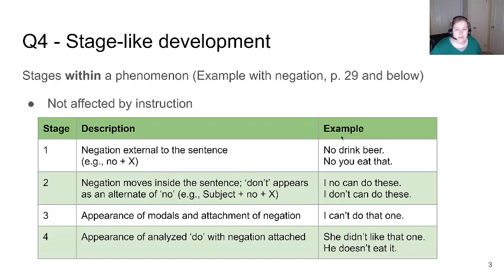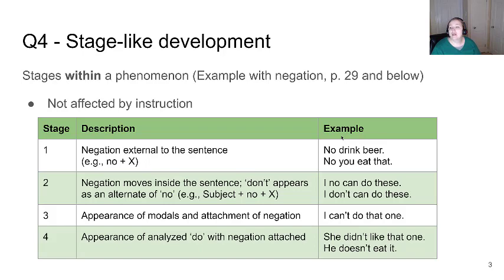But the idea would be that these stages would go in this order, and that even if I try to teach you stage 4 before I teach you stage 2, you won't actually learn it. I might show it to you. It might show up in class, but development-wise, it will not be reflected in your language use. Okay? And that's when the question says, are they affected by instruction? That's why they asked this question, because the answer is not really.